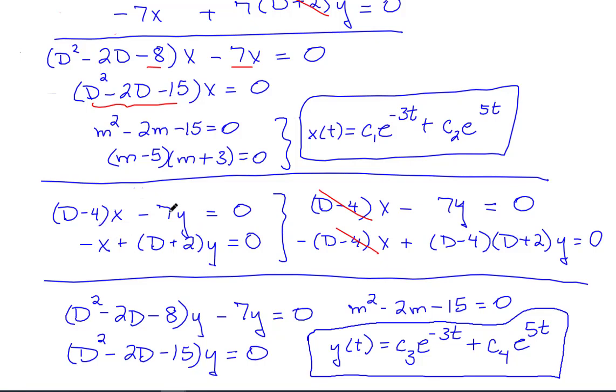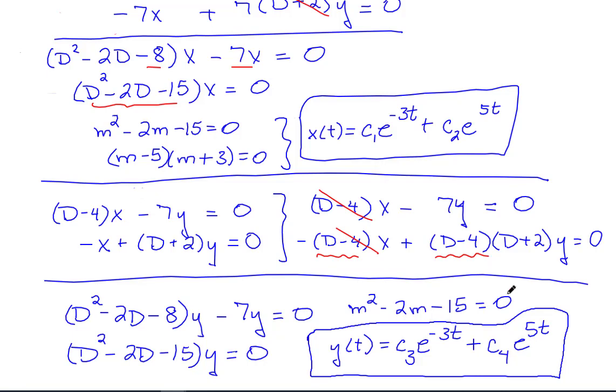We go back to our system of equations, and I now want to get rid of the x terms. Well, I'm focused on what do I have there? Well, I've got a D minus 4 and a negative 1. So I'm going to leave the top equation alone. I multiply the bottom one by D minus 4, and that's all the way across.